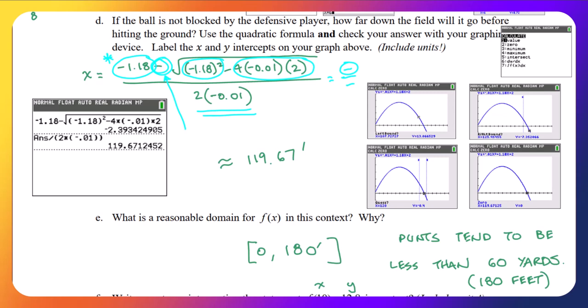Now when you type in this formula, I would suggest you do it in two parts. Because if you don't, you'll have lots of parentheses and you could make a mistake. So up here is the negative b minus the square root of b squared minus 4 times a times c. And I get an answer.